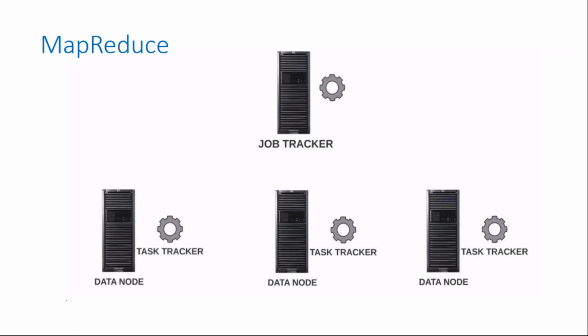But let's not worry about the exact allocation of these mappers. The job tracker and the task tracker are a little similar to the name node and data node, but at a processing level.